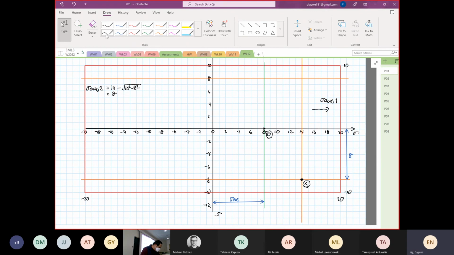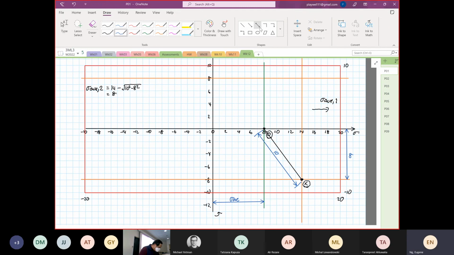And we are also aware that the radius, the distance from here to here, this distance over here, is equal to 10.